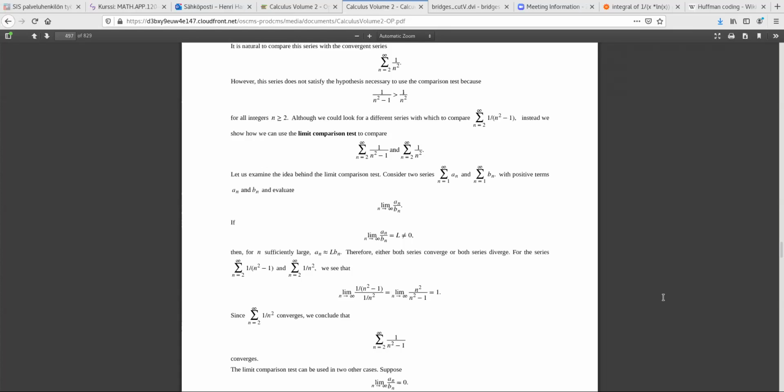We have 1 over n squared minus 1, and that can be written as 1 over (n minus 1) times (n plus 1), for n greater than 1, so from 2 onwards.